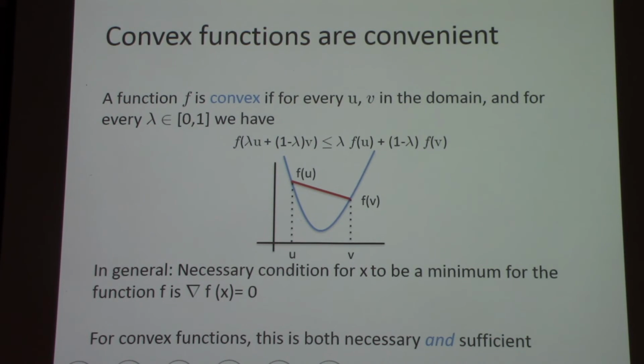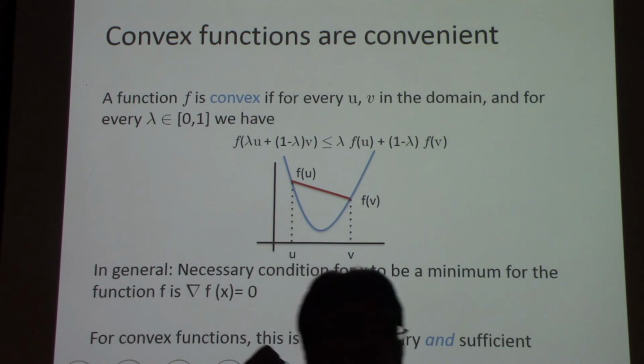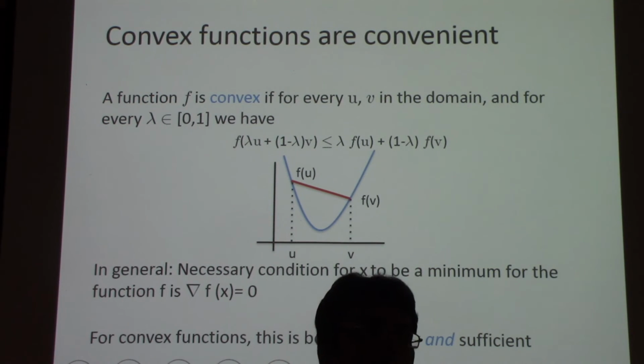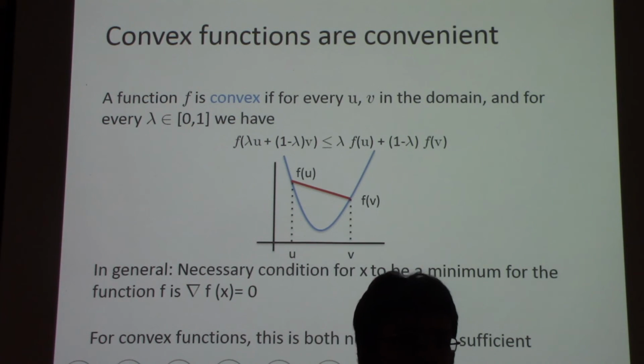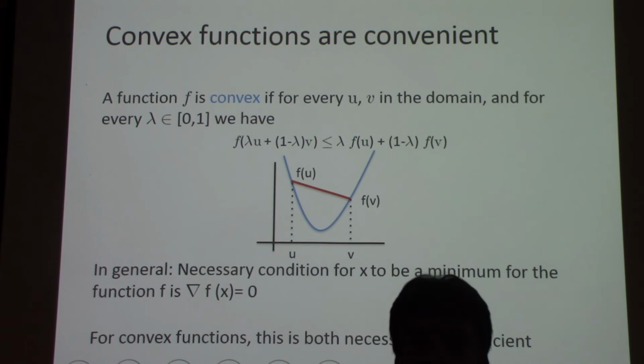So if I have a convex function and I want to minimize it, all I need to do is find a point x where the gradient of that function becomes 0. And then the convexity of that function guarantees that I am sitting on the global minimum.